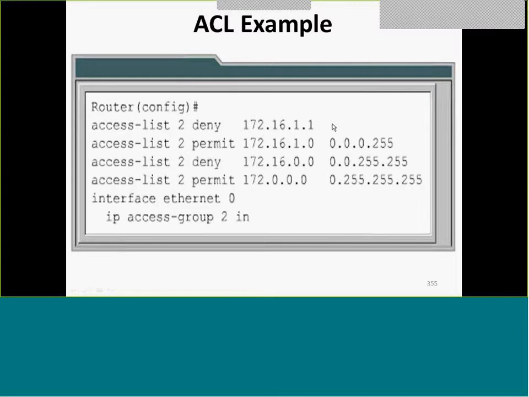The first talks about just one host IP address, right? The second is talking about permitting the entire 172.16.1 network with its subnet mask. To which network class does it belong? Class B. This one is permitting an entire class network. And see here.